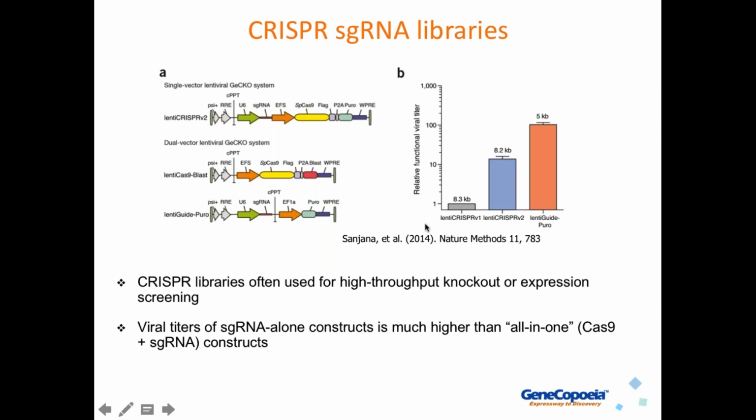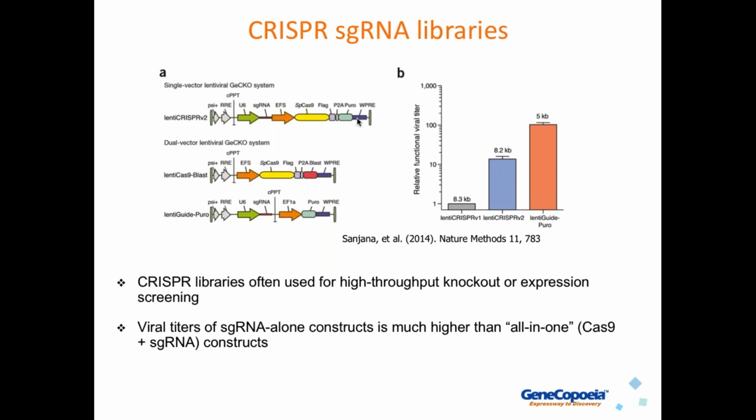And this is where the Cas9 stable cell lines importance comes in, because what they found and what others have shown is that the relative functional viral titer of libraries containing single guide RNA alone is about tenfold higher than the libraries containing both the Cas9 and single guide RNA.